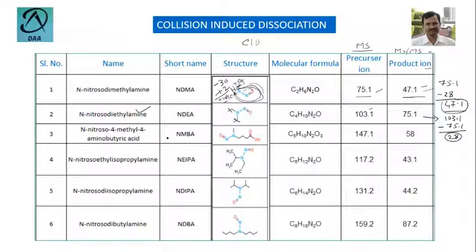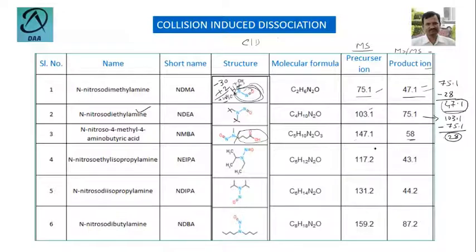And in the third case you find the same way, but here the lost mass is different. In this case, if you count, I hope this portion will be clipped. Then whatever the product ion mass is, this part of the precursor ion will be the product ion.